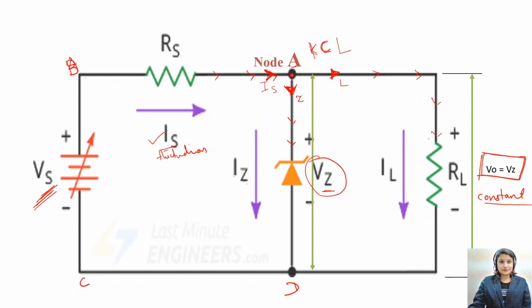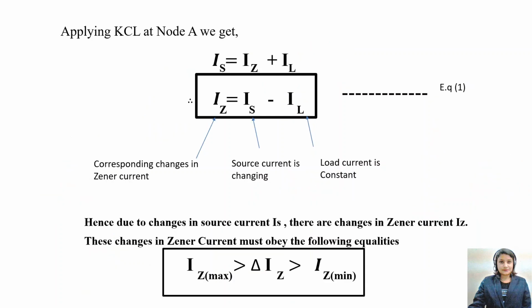If you see at this node A, the entering current is the source current and the leaving currents are your Zener diode current and the load current. So after applying the KCL, I get source current IS is equal to IZ plus IL.